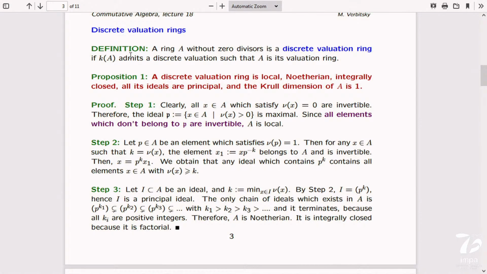In fact, the converse is also true. So pretty much each of these conditions, like all ideals are principal, integrally closed, are equivalent, and they're all equivalent to being a discrete valuation ring, as you will see. But let's first start with the properties.